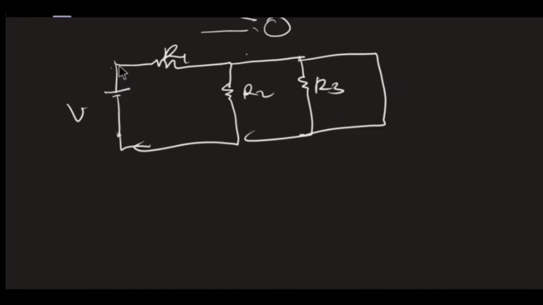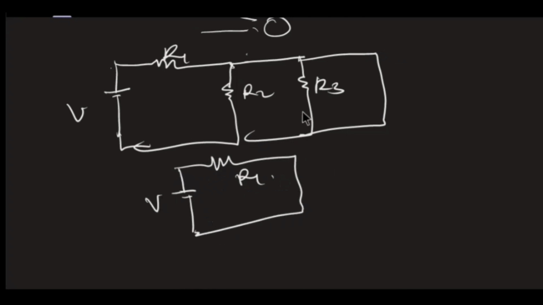Current will flow through here. It will have no option except to pass through this. Upon reaching here, it senses an obstacle, but there is a free path here. So the current will skip all this and return back to the V and this R1. So R2 and R3 have been short circuited. That is the concept of short circuit.